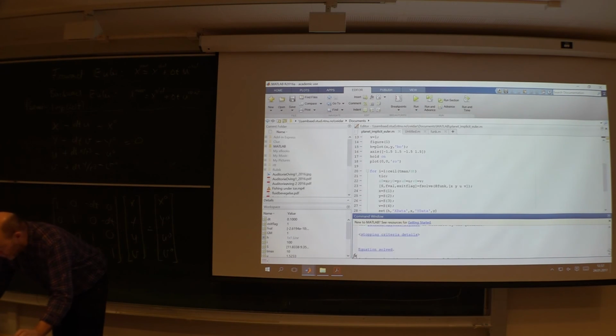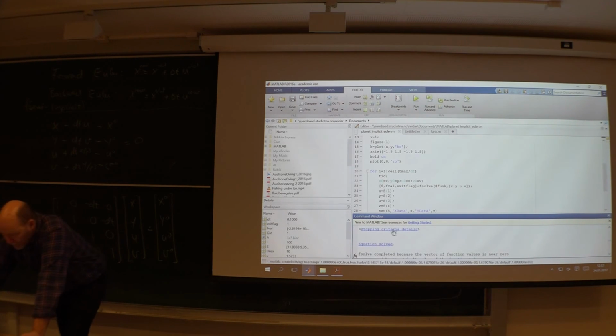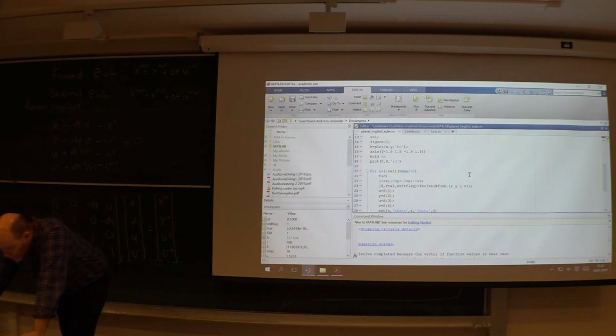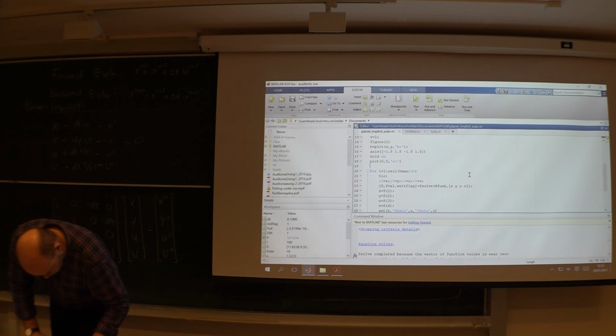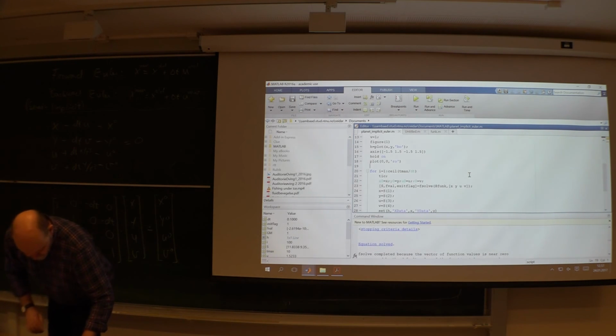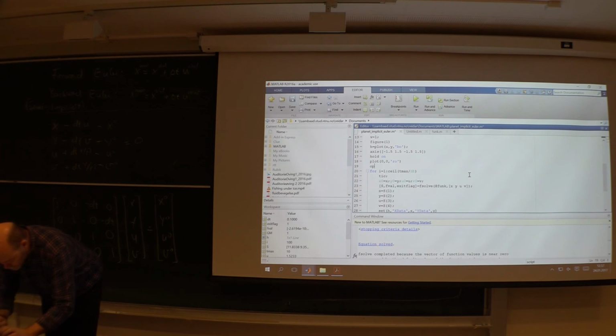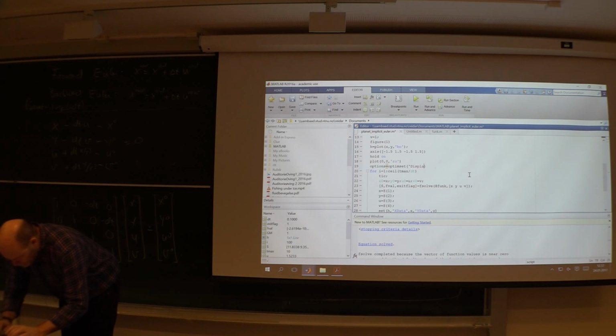You get a lot of printouts from this routine. That's sort of the default. You can suppress it. Then you have to write, what was it? optimset. options equals optimset of display none.